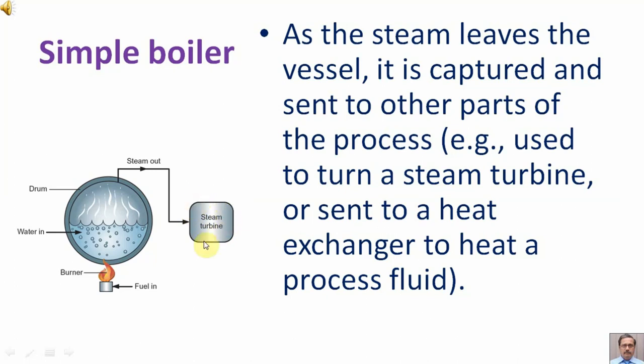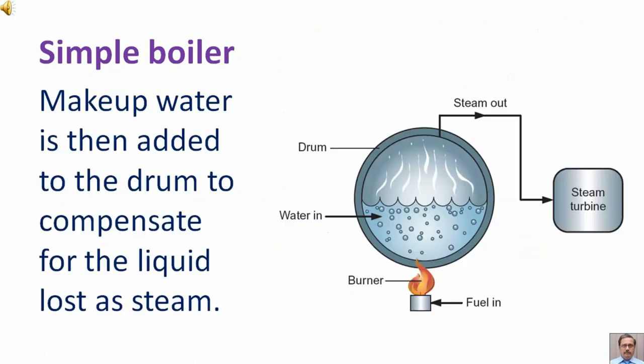For example, it is used to turn a steam turbine or sent to a heat exchanger to heat a process fluid. Makeup water is then added to the drum to compensate for the liquid lost as steam.